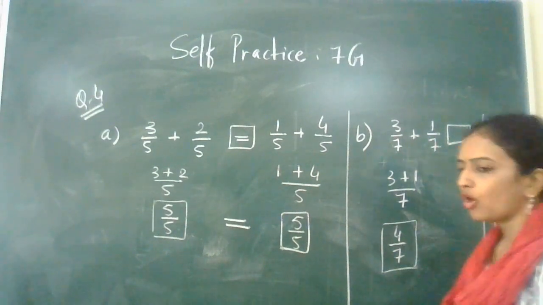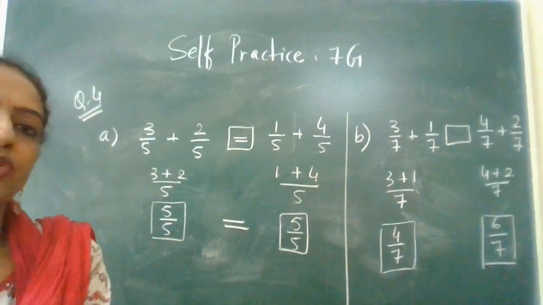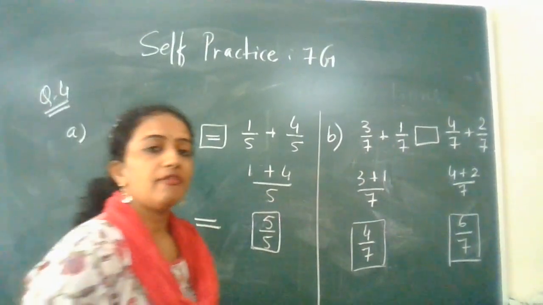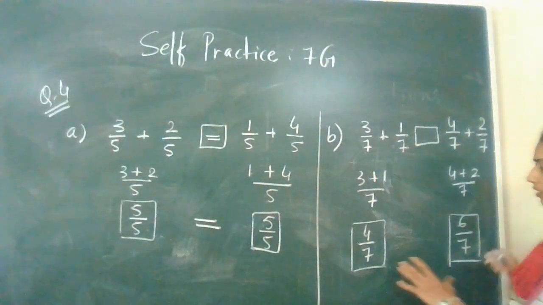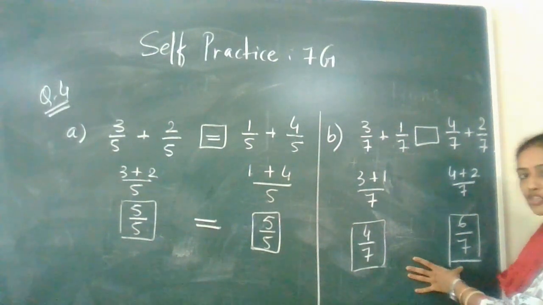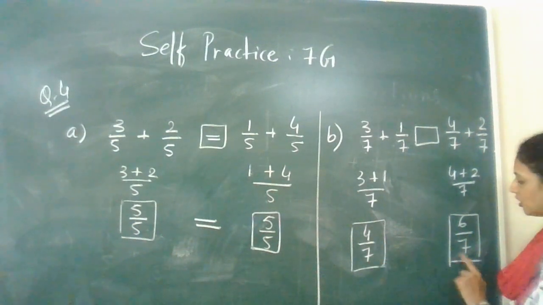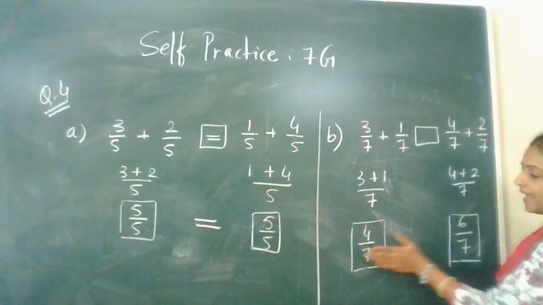As you all know, in like fractions, the denominators are the same. Now in like fractions, bigger is bigger and smaller is smaller. Because the denominators are the same, we cannot compare the denominators.